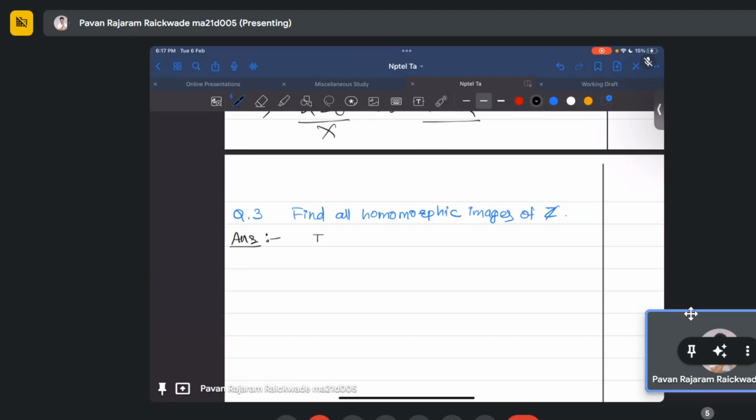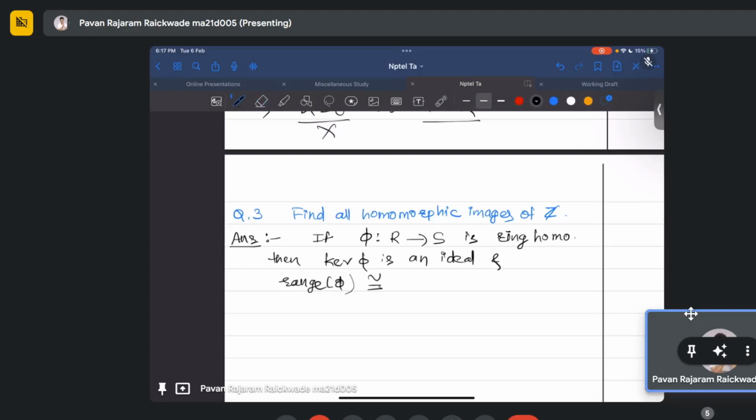Since you know, if phi is a mapping from ring R to S, a ring homomorphism, then kernel phi is an ideal, and range of phi is isomorphic to R quotient kernel phi. This is a one-one relation under isomorphism. So this is the first theorem of homomorphism, right?